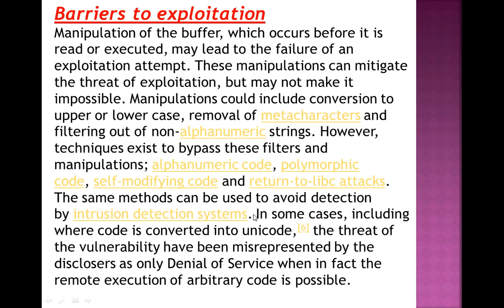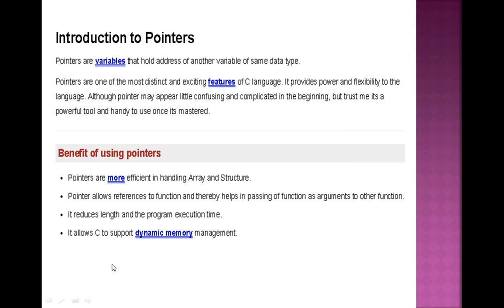This is one of the important systems used by the programmer to remove attackers from the computer system. This says in some cases, including where code is converted into Unicode, the threat of vulnerability has been misrepresented by the disclosure.